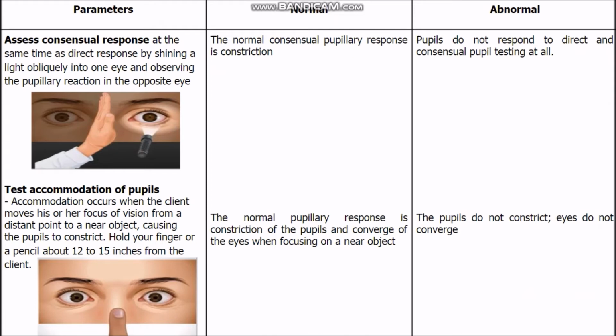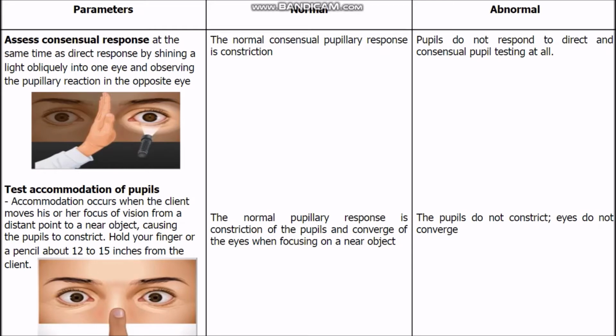So at the same time as direct response, by shining a light obliquely into one eye and observing the pupillary reaction in the opposite eye. So the normal finding is the normal consensual pupillary response is constriction. And for the abnormal finding, pupils do not respond to direct and consensual pupil testing at all.